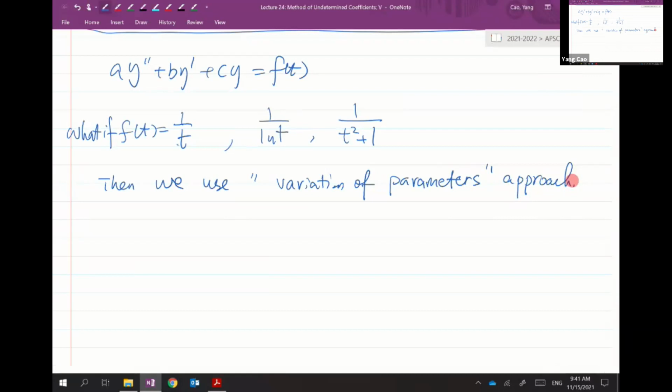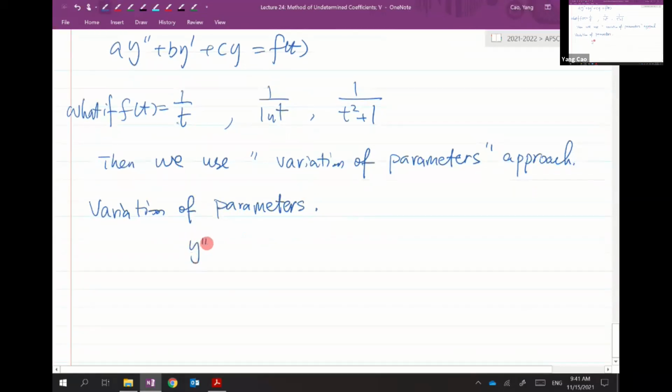So now the bigger picture, right? Now we're still looking at a second order differential equation given as y double prime plus ay prime plus by equals f of t again, right?